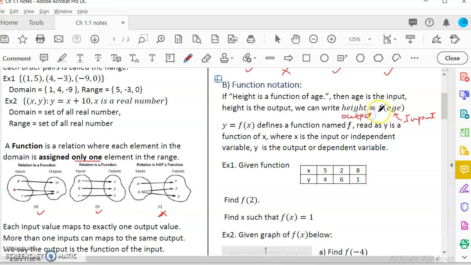And we write it as f of something: f and then a parenthesis. Now, in algebra, a parenthesis means multiplication, but this is function notation. It does not mean multiplication.